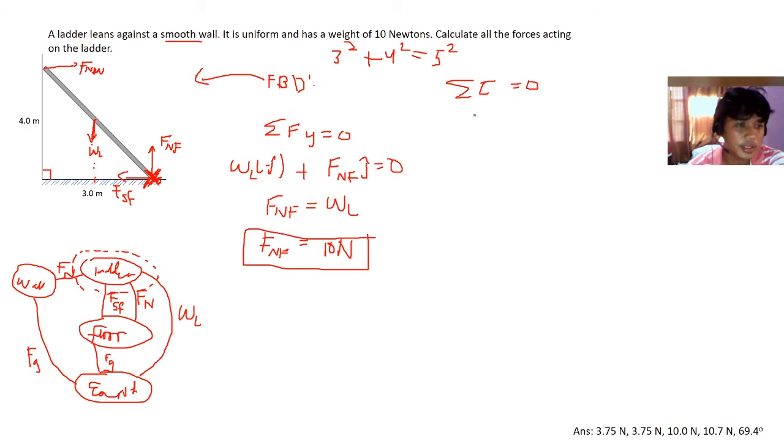There is something interesting here. Remember this formula: torque is R, the moment arm, times F, and the moment arm is the perpendicular distance from the axis of rotation to the line of action of the force.